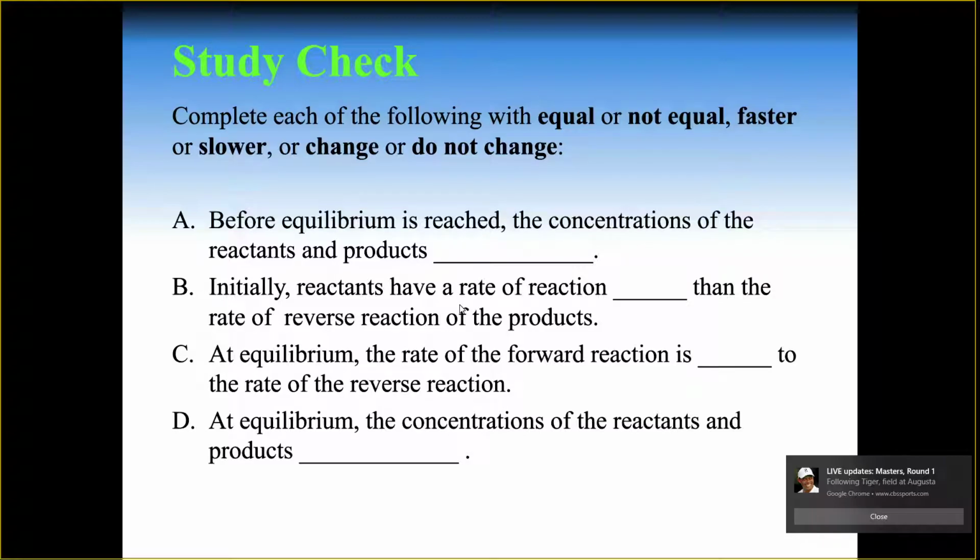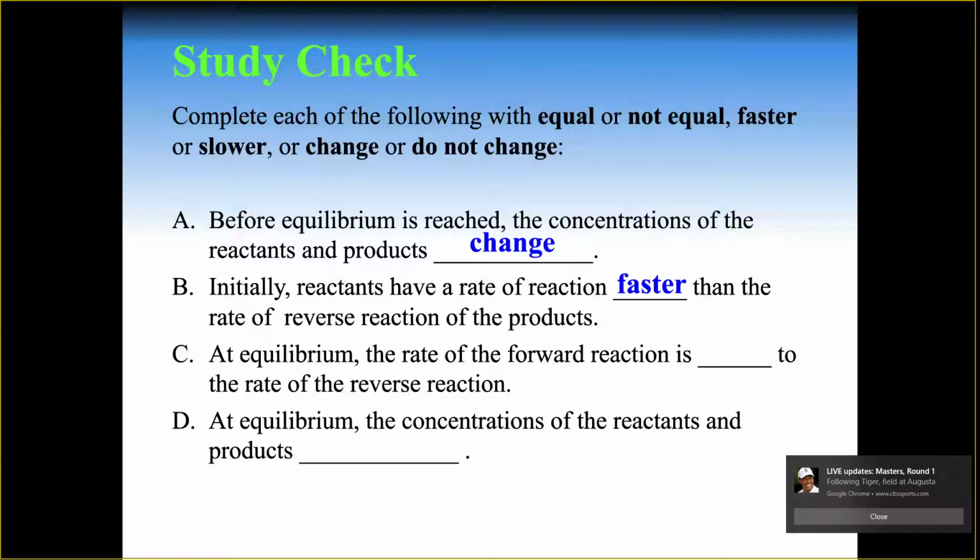Before equilibrium is reached, the concentrations of reactants and products are not the same. They have to change. Initially, the reactants have a rate of reaction faster than the rate of the reverse reaction. When I first start the reaction, it's all going forward. It doesn't reach equilibrium until later when it starts kind of pushing back, right? And you can think about the water the same way.